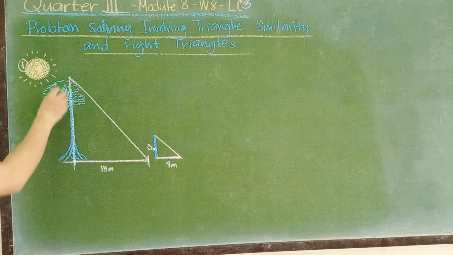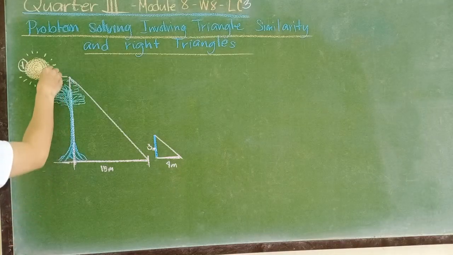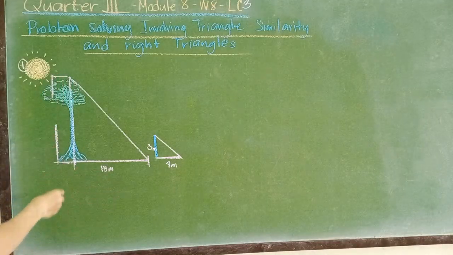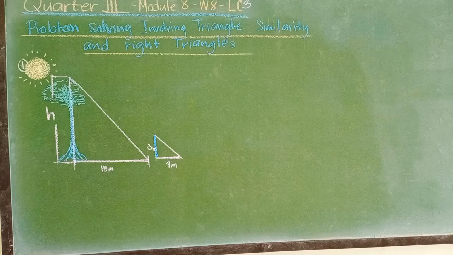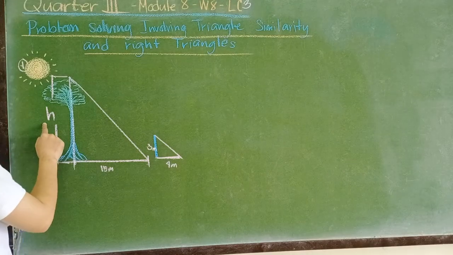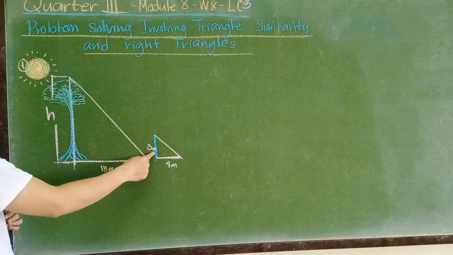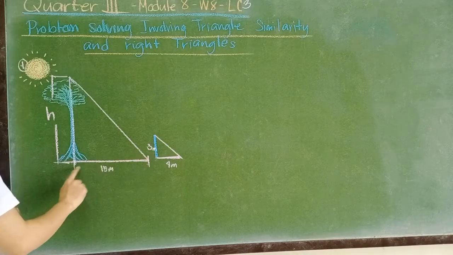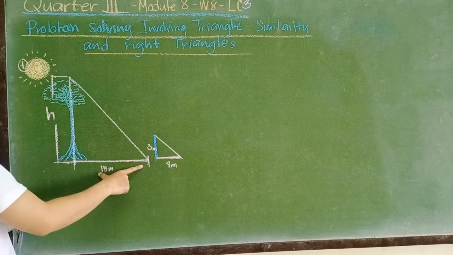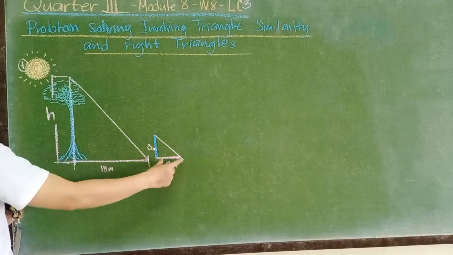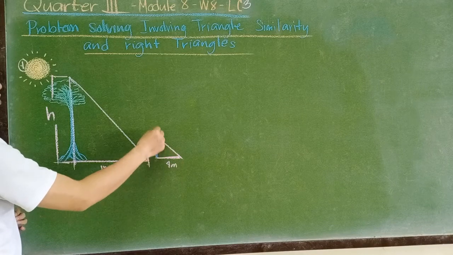So if we look at it, we want to find the height of the tree, which is not given. Let's call this h for height, and we can now form proportions. The h will be paired with the corresponding height of the pole, which is 3 meters, and the length of the tree's shadow will correspond to the length of the pole's shadow.